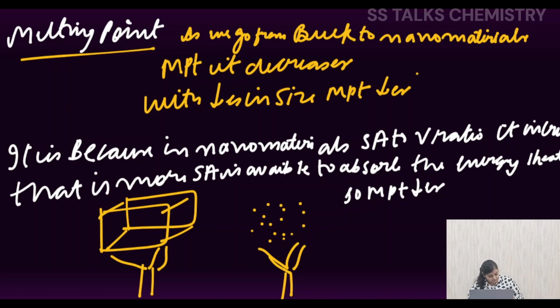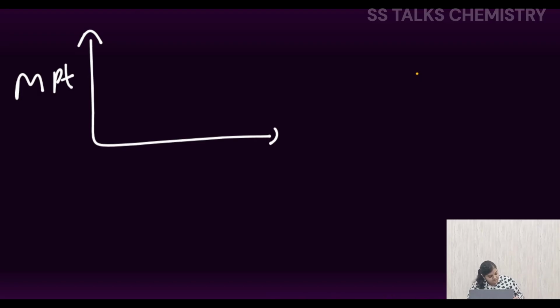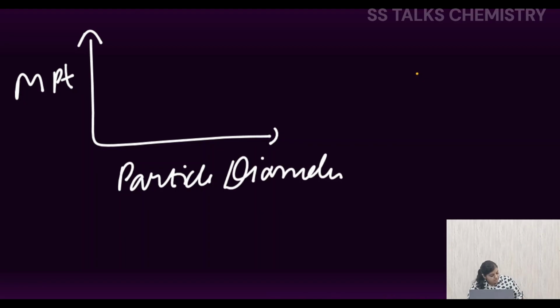Okay, a curve has also been observed, that if you plot the melting point versus the particle diameter, this type of plot is observed. This constant one is for the bulk material.